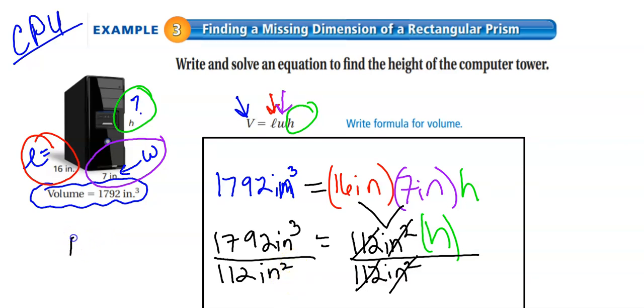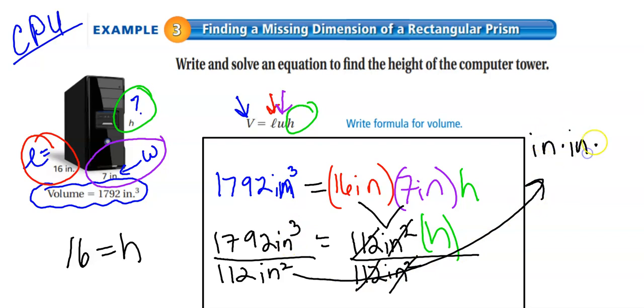So I get 16 now equals h. This is looking good, but I want to put some units here, and I'm going to show you that the units are really cool, that they cancel out as well. Inches to the 3rd power is kind of weird, but think about it. It's inches times inches times inches. Inches to the 2nd power is inches times inches.